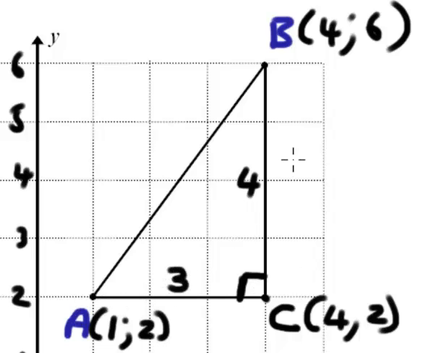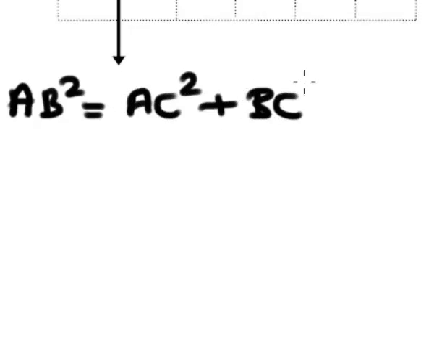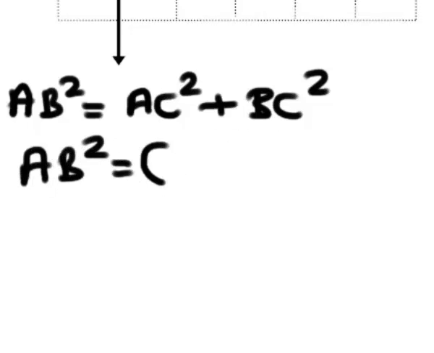And of course, we could use Pythagoras to get the length of AB by simply doing this. AB squared is going to be AC squared plus BC squared. What's the length of AC?